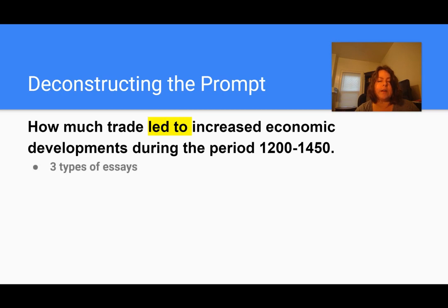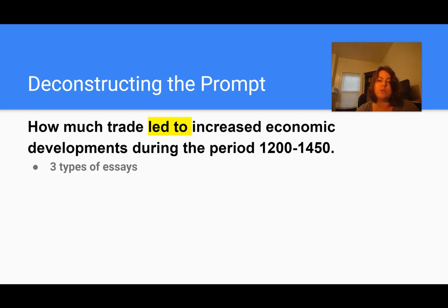All right, if we're looking at how much, we know it's about trade and we know it's about the economic, right? And this is going to tip us off as to what kind of essay we're writing. College Board typically has three types of essays.